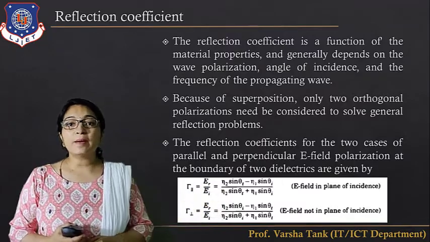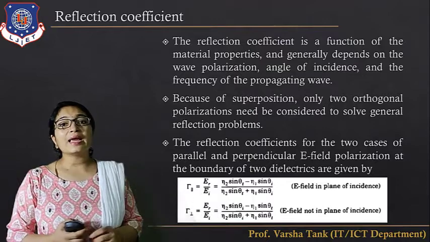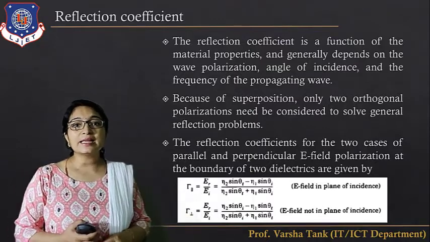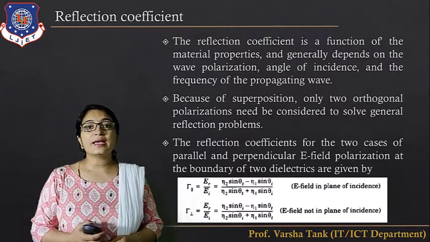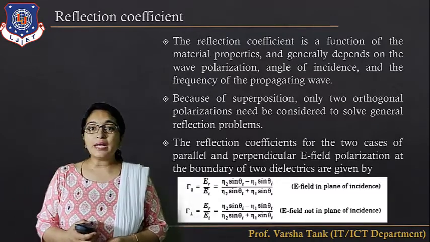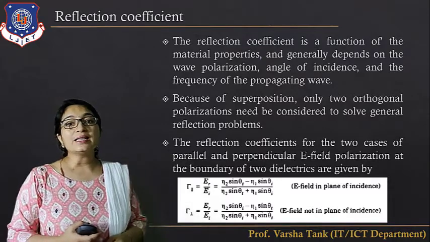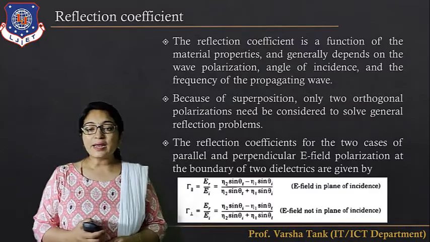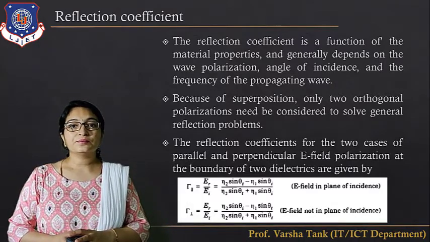Here the polarization parallel, that is ER upon EI, is given by N2 sine theta I minus Ni sine theta I divided by N2 sine theta I plus Ni sine theta I. In the same way, the polarization perpendicular is given by ER upon EI, where N2 sine theta I minus Ni sine theta I divided by N2 sine theta I plus Ni sine theta I.